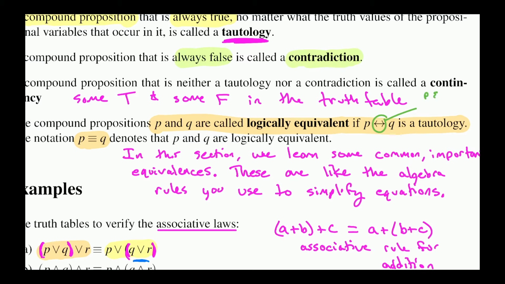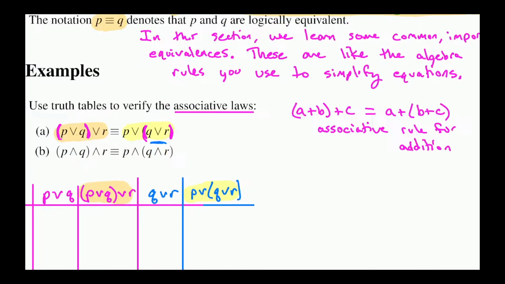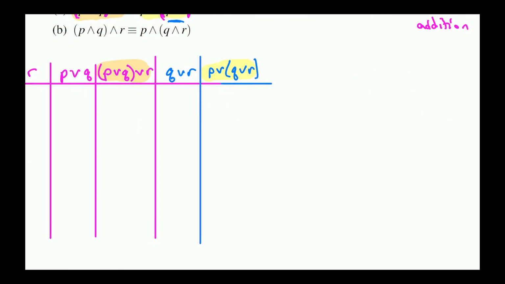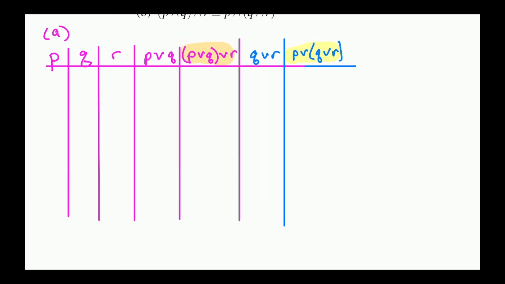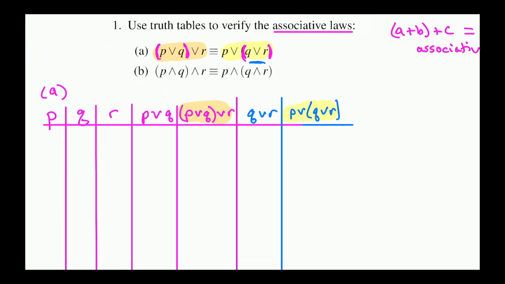P and Q match, basically. The trues and the falses will match if you actually have the exact same columns in these two columns. So you don't even need to make that last column, and I would recommend that you don't. I would recommend that you just do exactly what I wrote here, and we're going to compare these two columns when we're done.